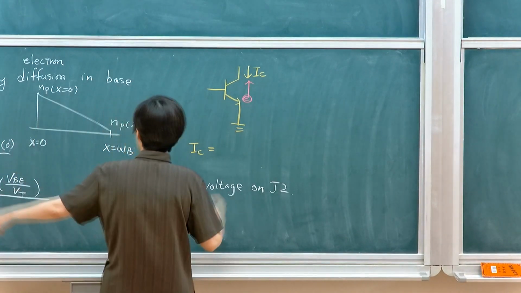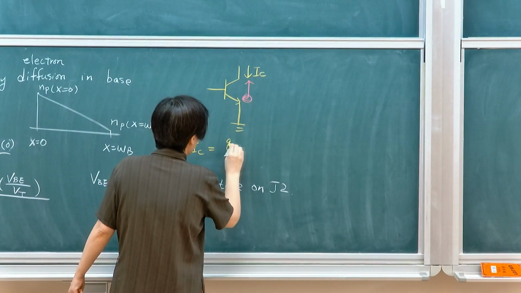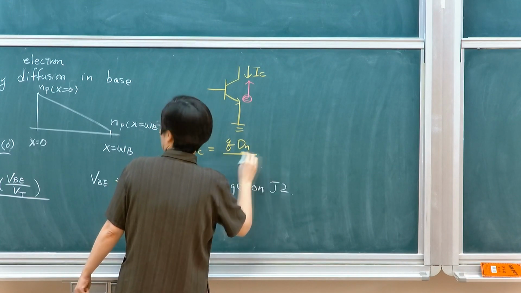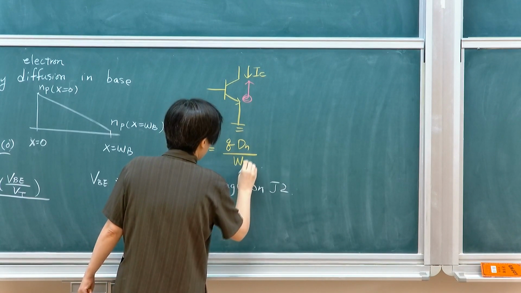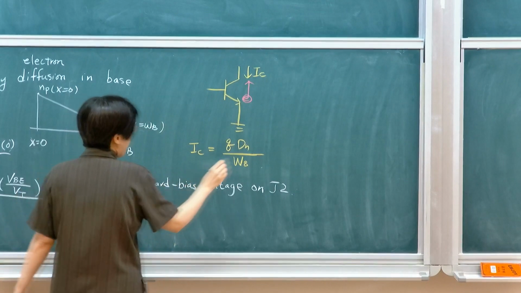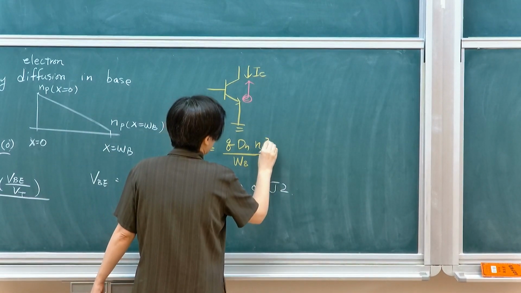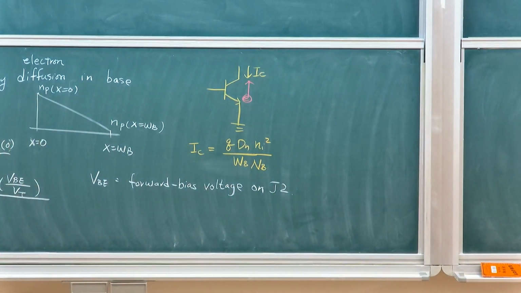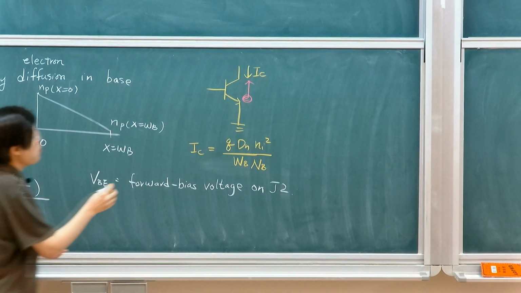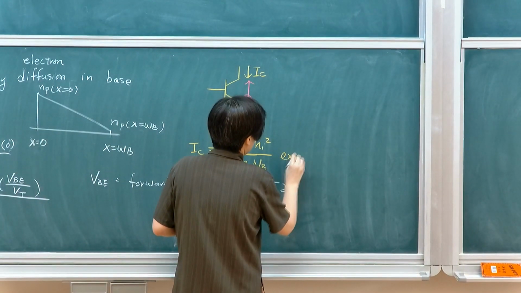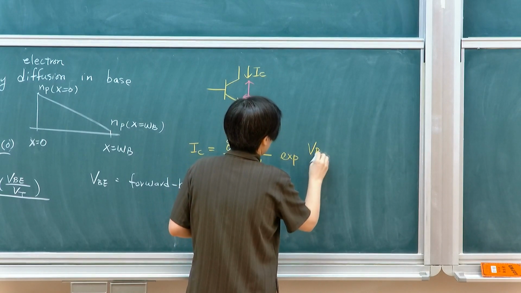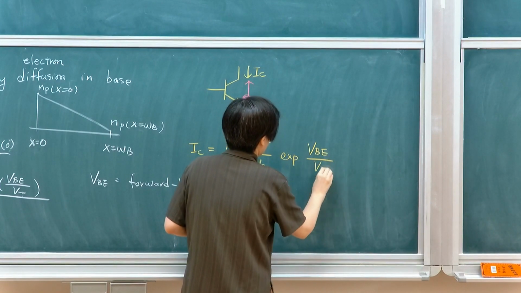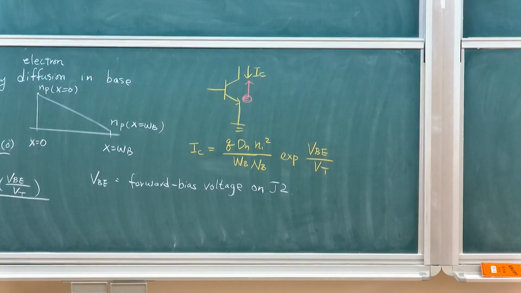Okay? So let me follow this. This will be Q Dn over WB. And NP0 is actually ni squared divided by NB. Okay? And then we have the exponential thing. So if you look at the equation, it's somewhat familiar.